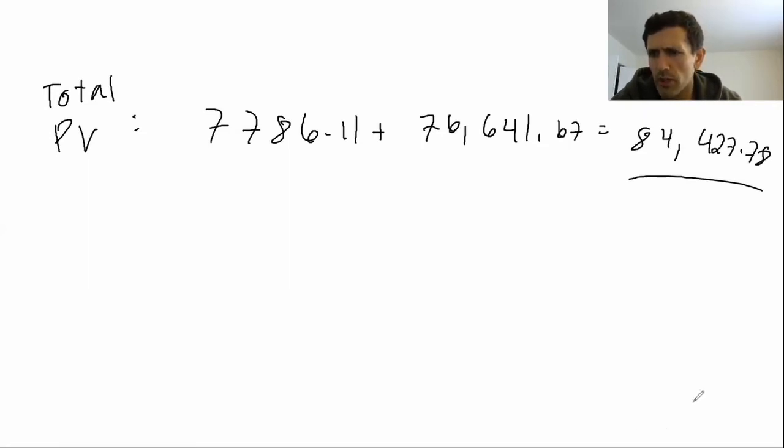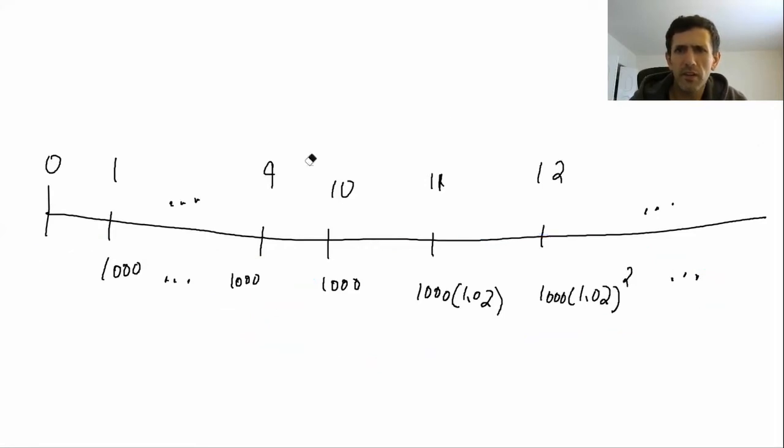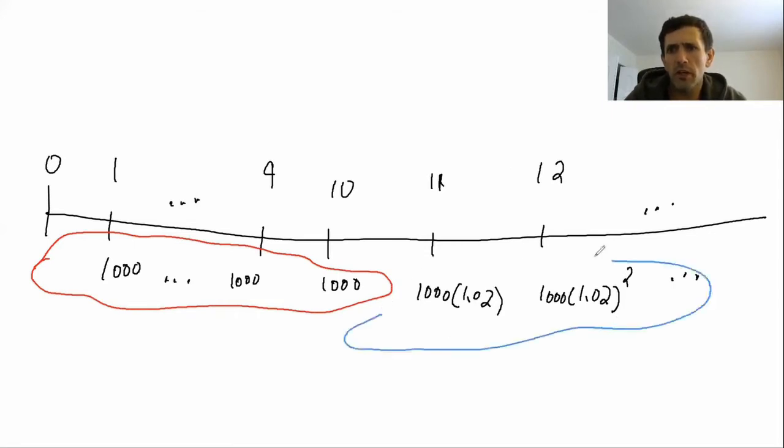So what I want to do is redo this problem, but I'll do this a lot more quickly. Let's instead do a 10-year annuity with these level payments, and then do an annuity in perpetuity where the payment periods start at the beginning of the 11th year, where P is 1,000 times 1.02, which is 1020.